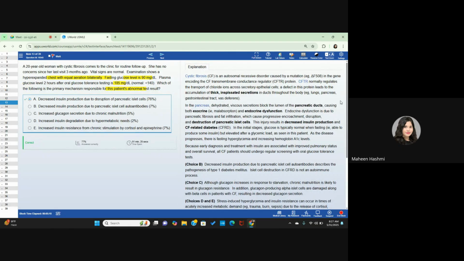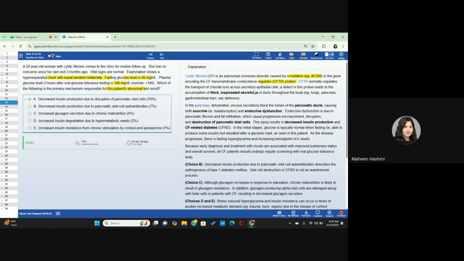All right, yeah. So for cystic fibrosis, we've already talked about it a lot of times as well. It's an autosomal recessive disorder caused by mutation delta F508. They ask about that. They also ask about the CFTR. CFTR normally regulates transfer of chloride ions across epithelial cells.